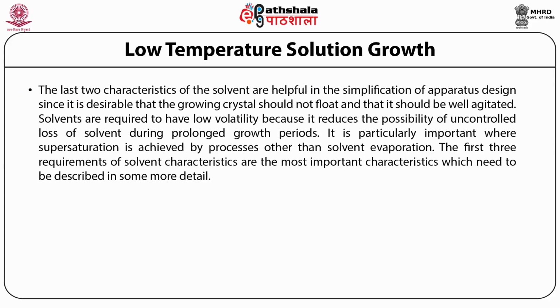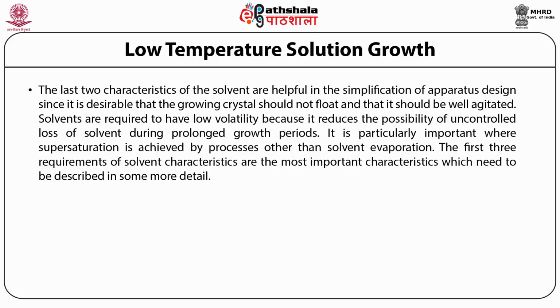The last two characteristics of the solvent are helpful in the simplification of apparatus design, since it is desirable that the growing crystal should not float and that it should be well agitated.